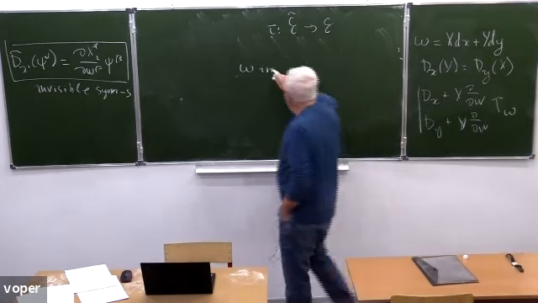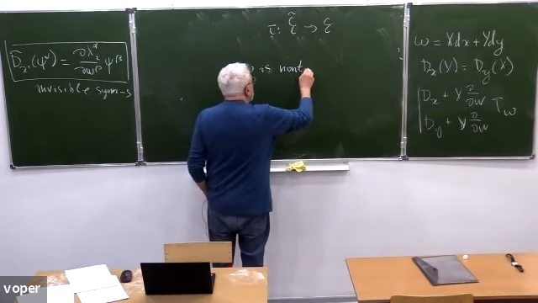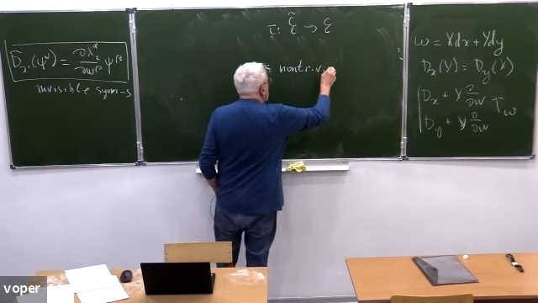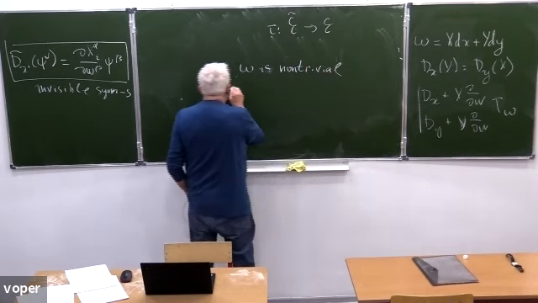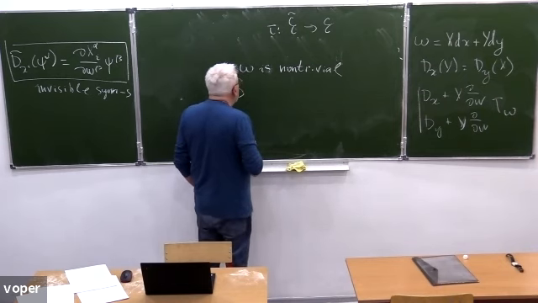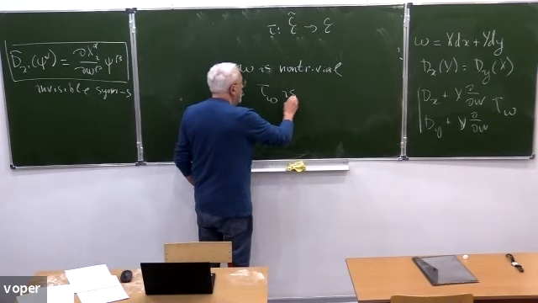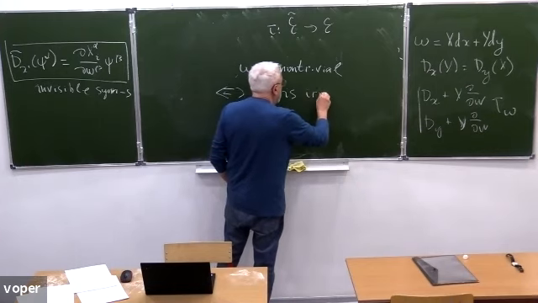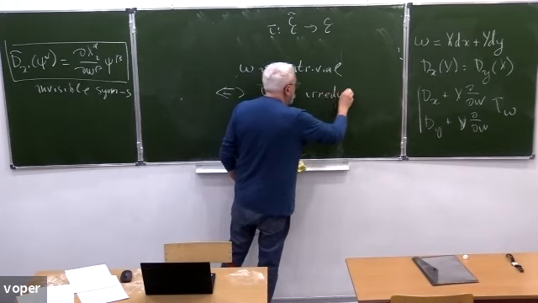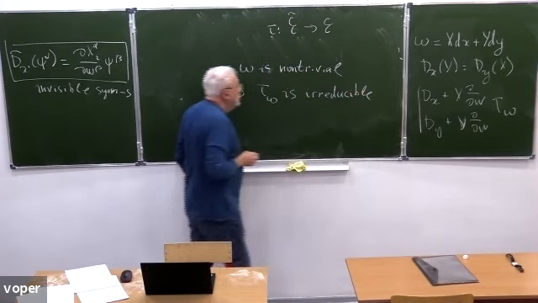Omega is non-trivial if and only if tau omega is irreducible.